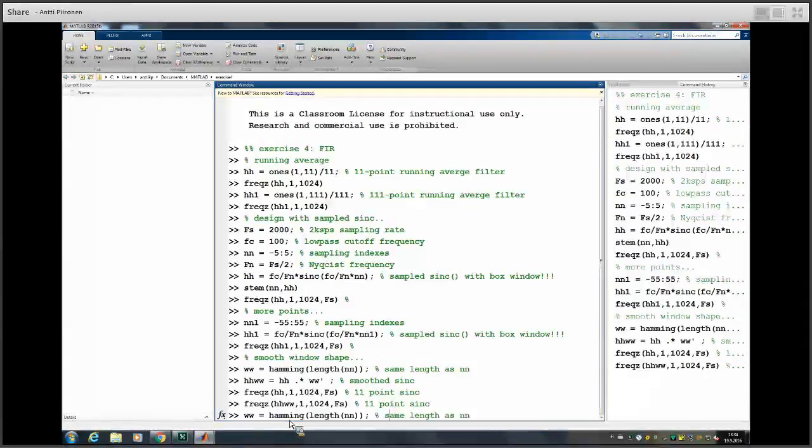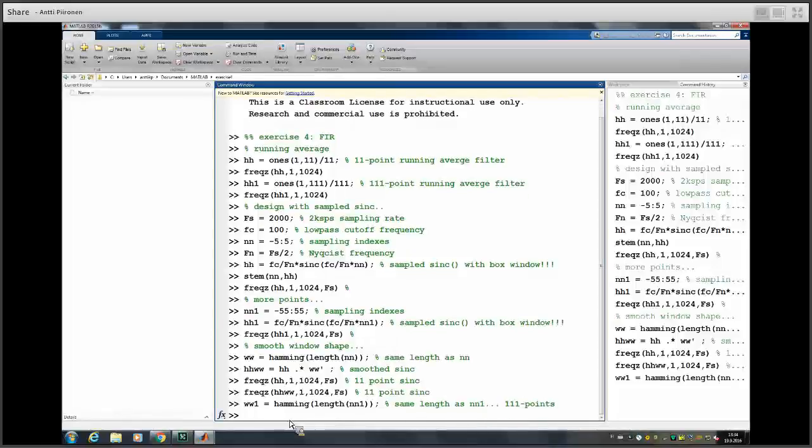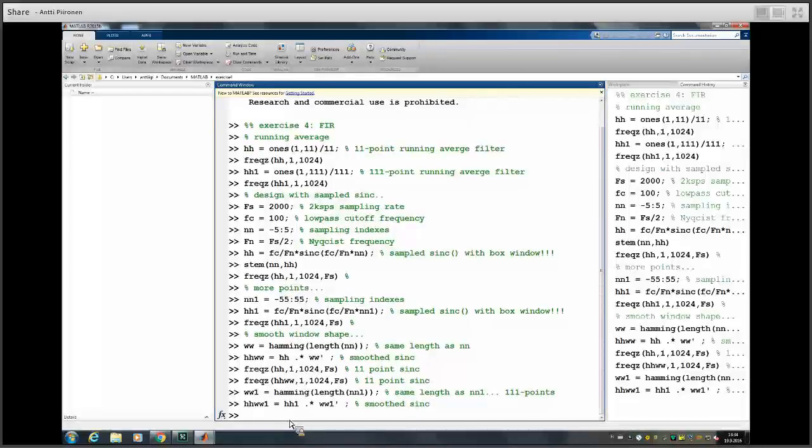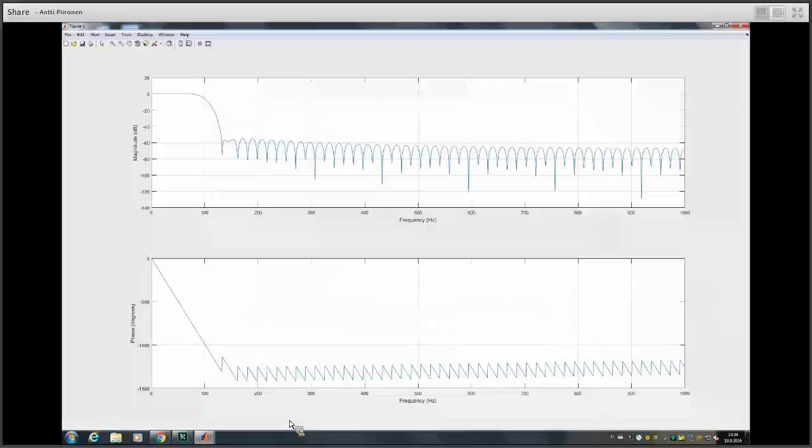Oops, sorry. Window shape first. We have these 111 points wide. HHWW, I make it 1. There, smoothed sink for this one, and the frequency response, CW1 there.